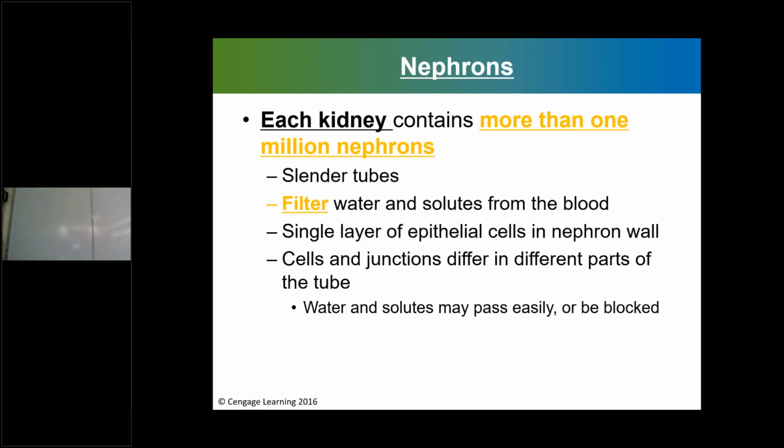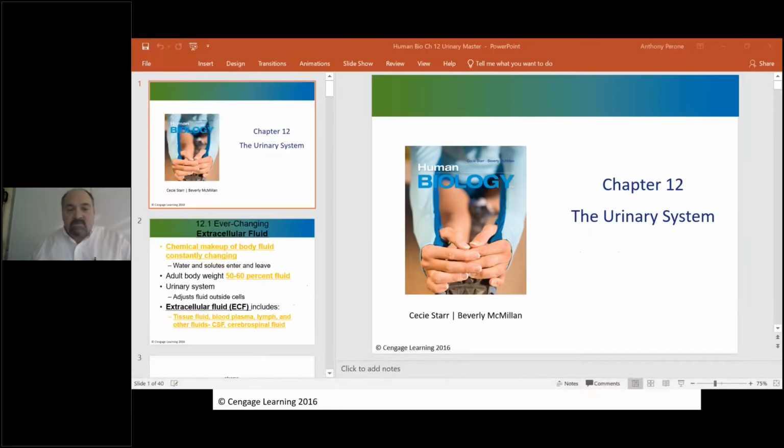So take a look at this structure right here, folks. You see these tubes? On a microscopic level, it's present within these areas of the cortex and the medullary region of the kidneys. Microscopic, this tubular structure. And what happens with that tubular structure, let me show you all here online.